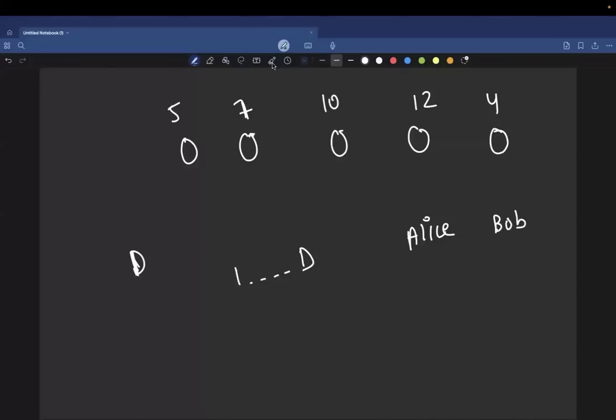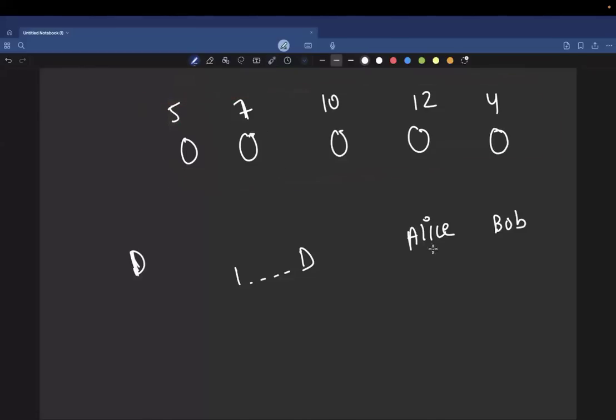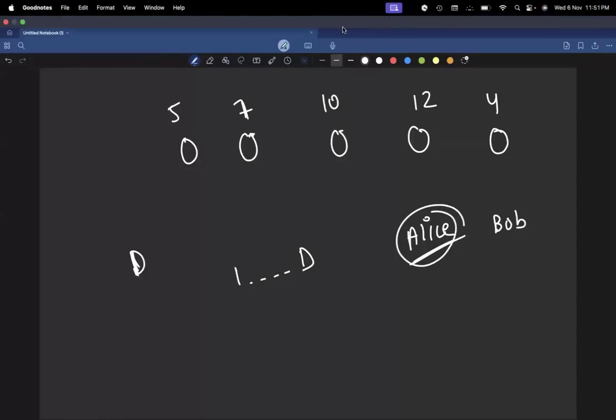In their move, they will choose any non-empty pile. Let's say they chose this and removed 1 stone from it, so the number of stones in the pile will go down by 1. Whoever removes the last stone out of all of these piles will be the winner. So we have to tell what is the probability of Alice winning. So is the problem clear?